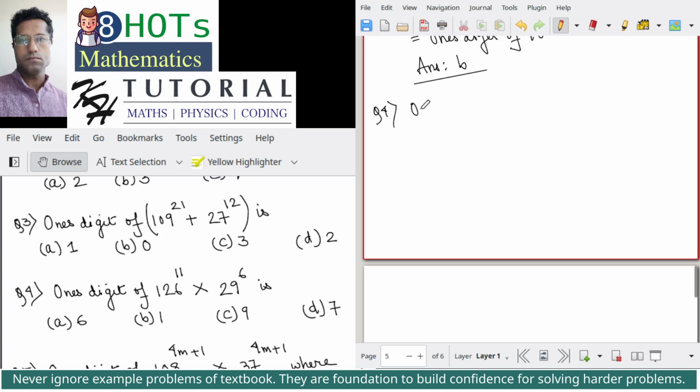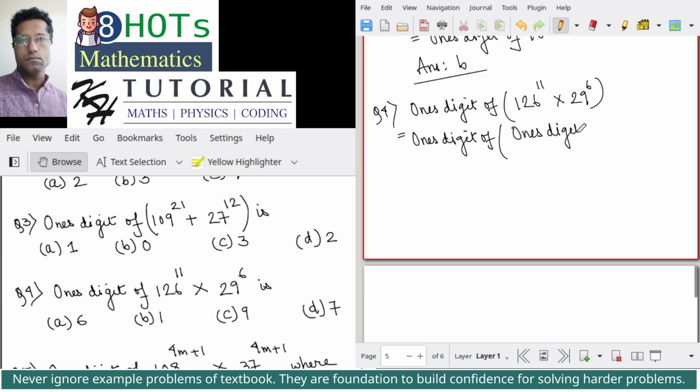We know that since it's a product of two numbers, this will be equal to the ones digit of the ones digit of 126 to the power 11 multiplied by the ones digit of 29 to the power 6.